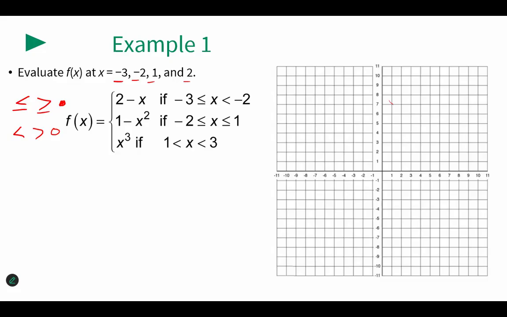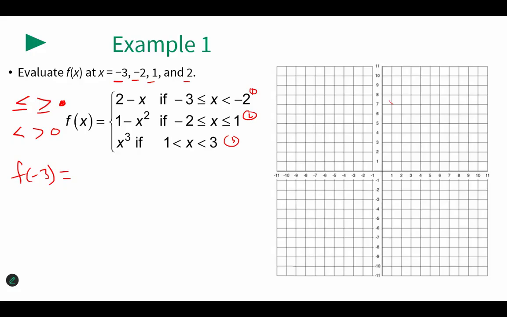First we're going to write it as f of -3. If I'm evaluating f of -3, I'm looking for which interval -3 is defined on. Is that going to be interval 1, interval 2, or interval 3? Interval number 1 is where -3 is defined. That's where it's equal at.